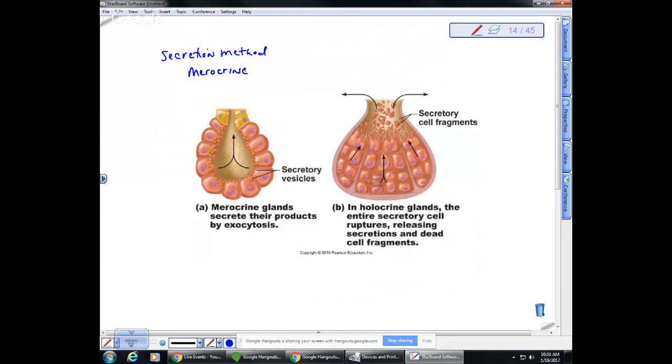This means that we have vesicles that travel to the plasma membrane and release their substances via exocytosis.